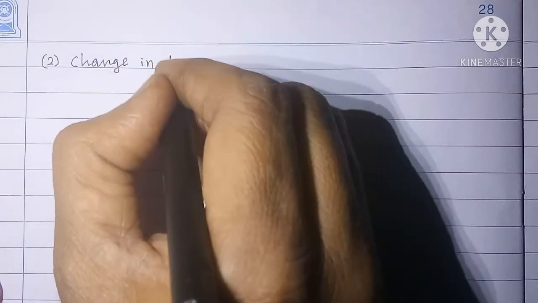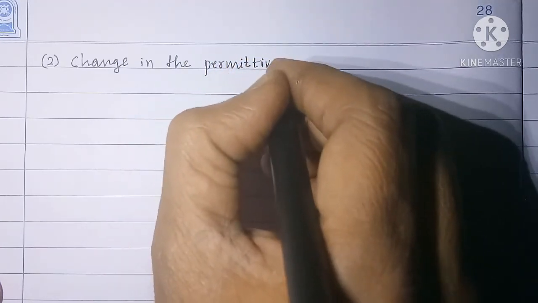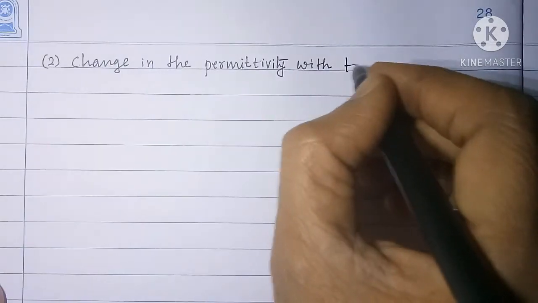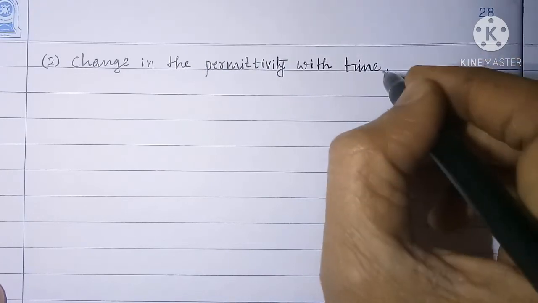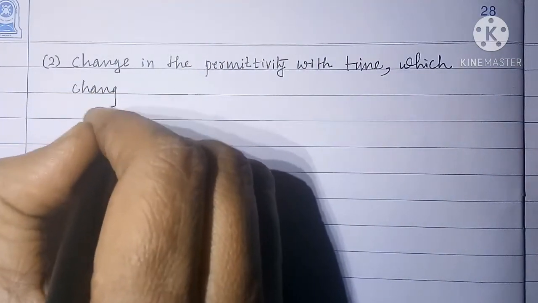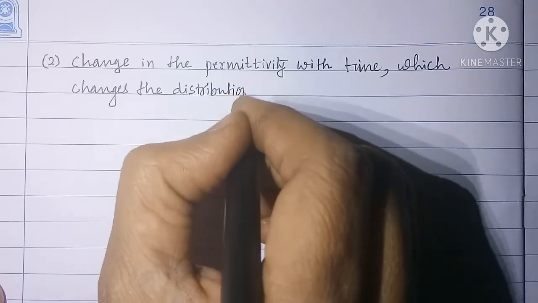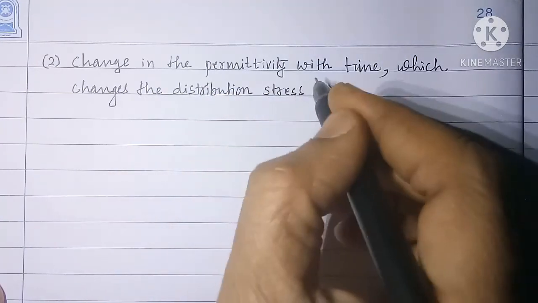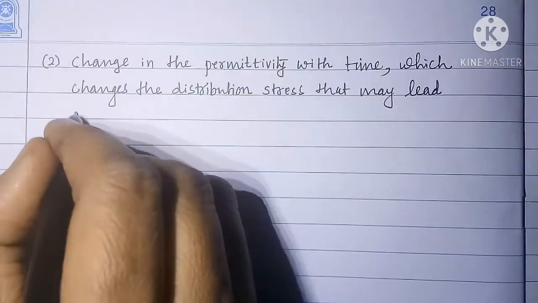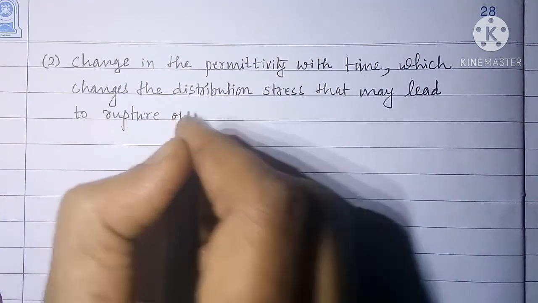Change in the permittivity with time. That means aging effect will be there, which changes the distribution of stress that may lead to a rupture of insulating material.